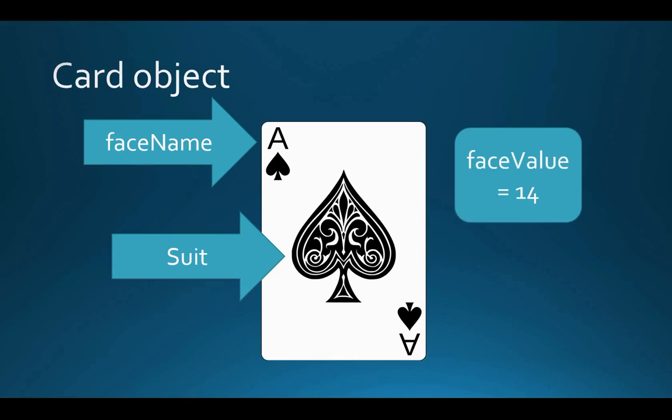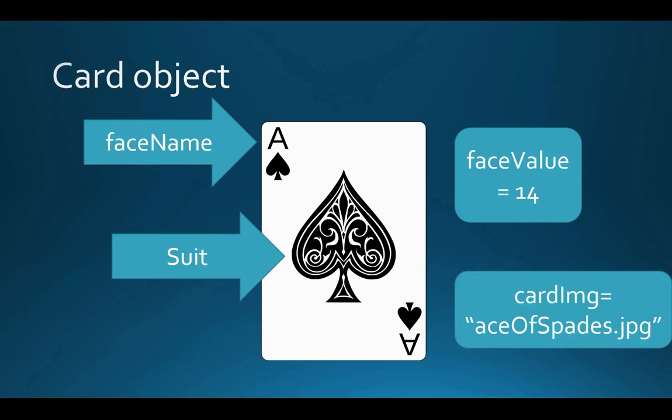And then, if we want a visual representation of our card, like in this case, I have an image of the ace of spades. So one of the attributes of my class would also be a card image, and it would refer to a specific image, a JPEG, that I've called ace of spades, just so it's easy for me to understand where this image is stored.